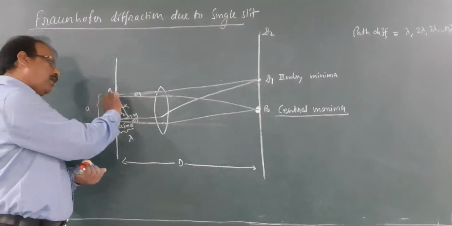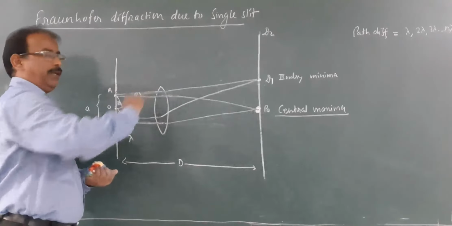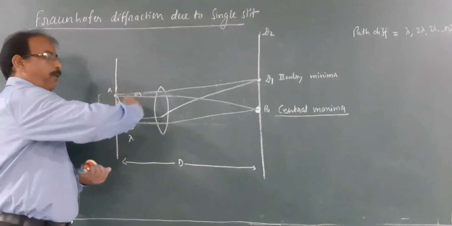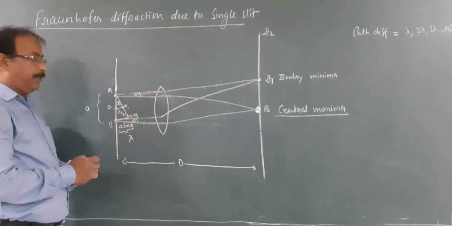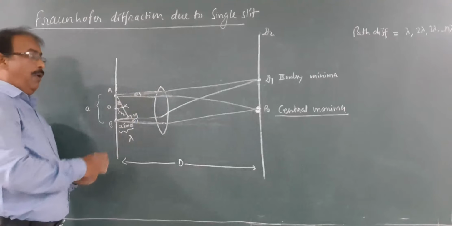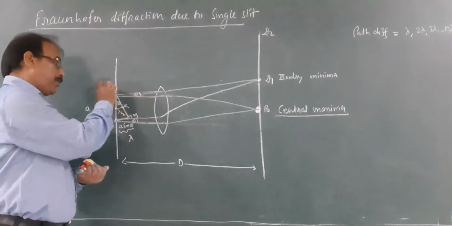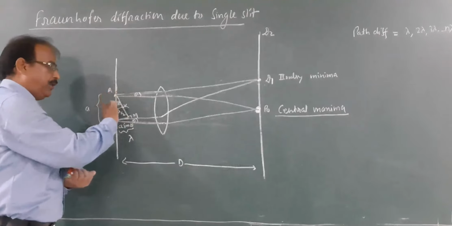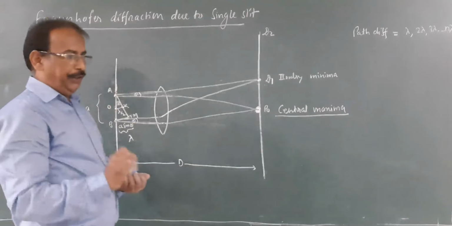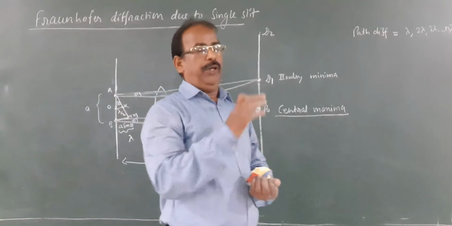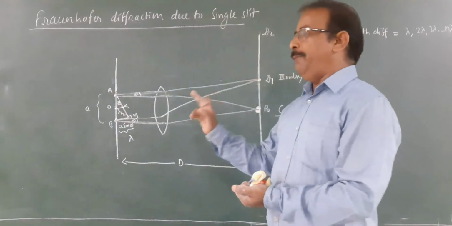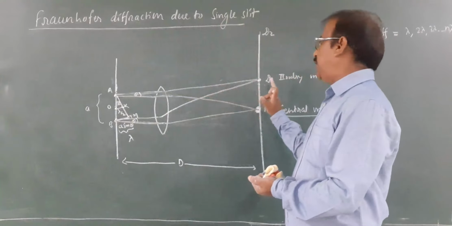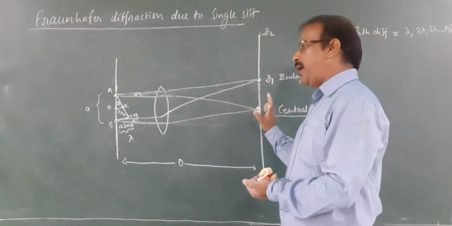For the next pair of points also, you get the same path difference, lambda by 2. For each pair from each half period zone, you will find that the path difference between the 2 waves that come at point T is lambda by 2.